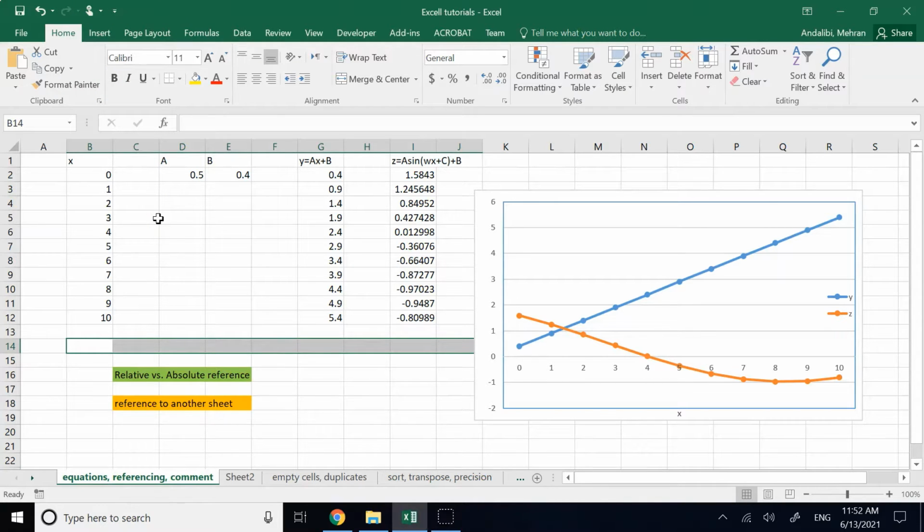Okay, so first thing first, let's say here I have this empty sheet. So Microsoft Excel, each document you make is called a workbook, and the extension of the file, as you know, is XLSX.